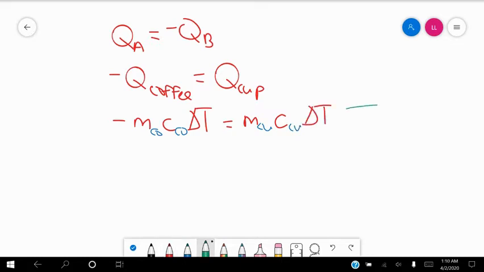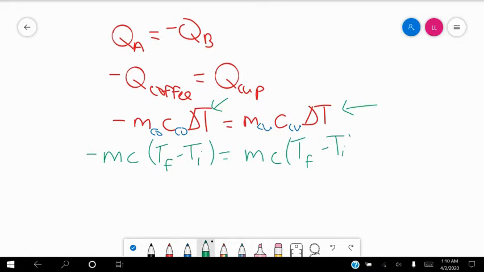But what happens is the final temperature in both of these is going to be equal. So if I just do MC(TF minus TI) for both sides, let me go back and put a little C_O and a little C_U, just so we can keep things different.